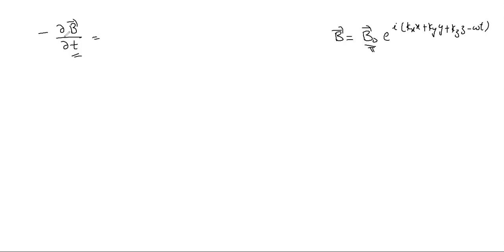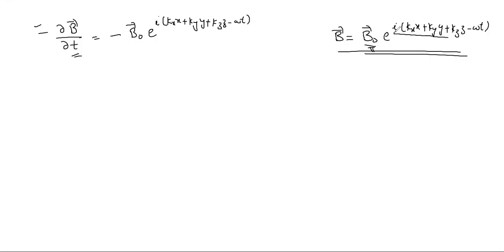So if I take the derivative with respect to time of this term here, what I'll get is minus as from here. Your B naught will come as it is. You will have this exponential term also as it is. And then if you take the derivative of this term with respect to time, you will get minus iota omega.